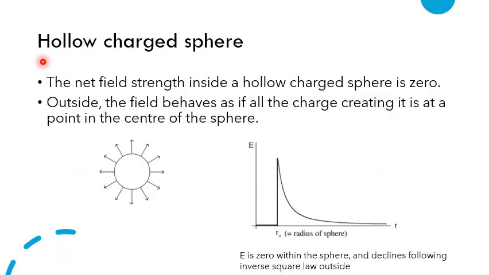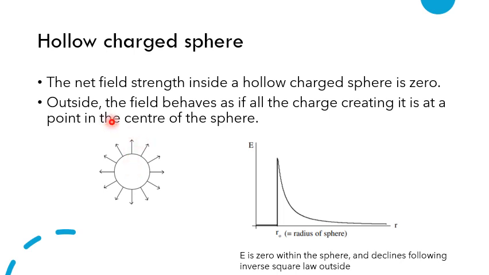Next, we are going to discuss the electric field produced by a hollow charged sphere. Remember, the net electric field strength inside a hollow charged sphere is always 0. So inside this hollow sphere, though it is a charged one, the electric field strength remains 0.